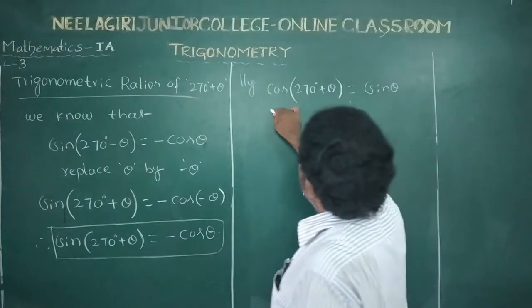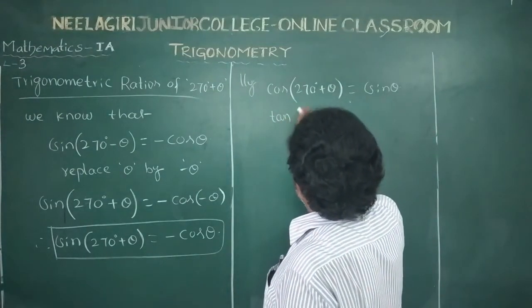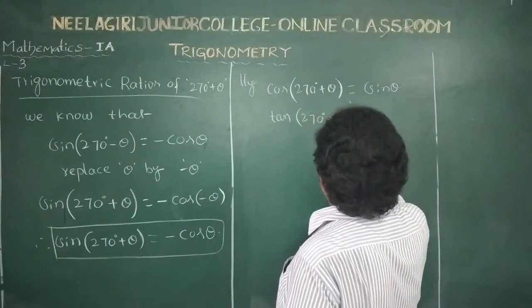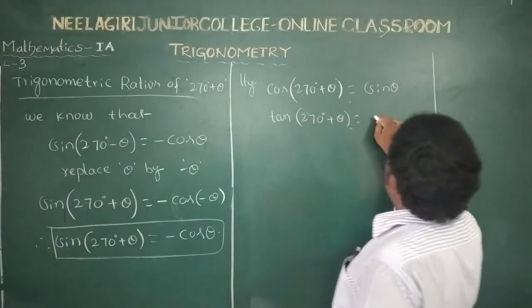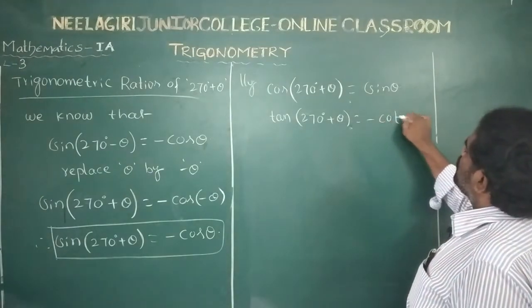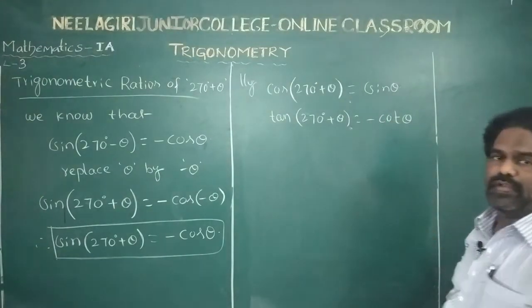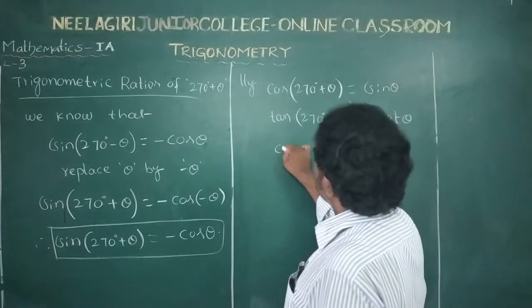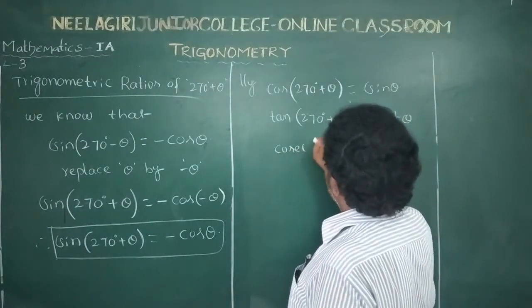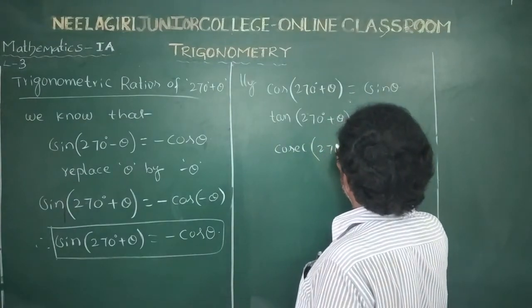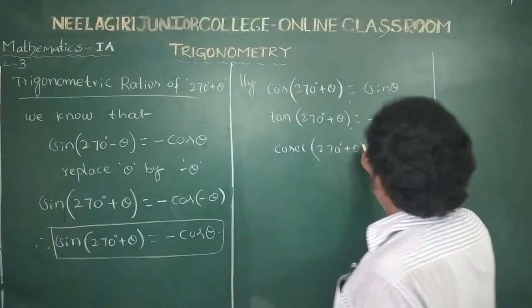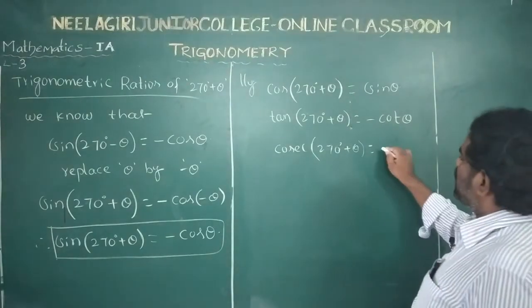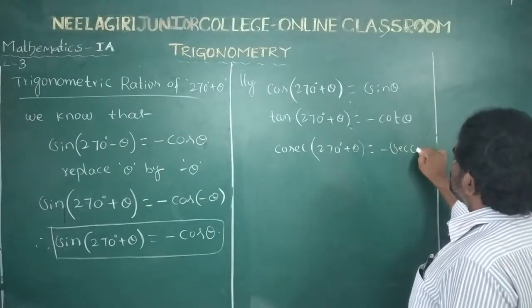Next, tan of 270 plus theta equals minus cot theta. Cosec 270 plus theta equals minus sec theta.